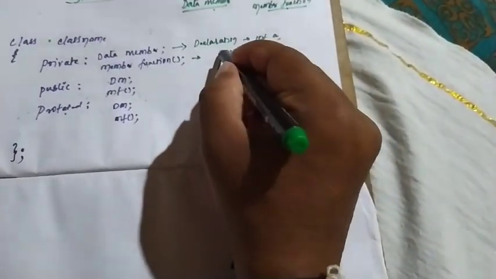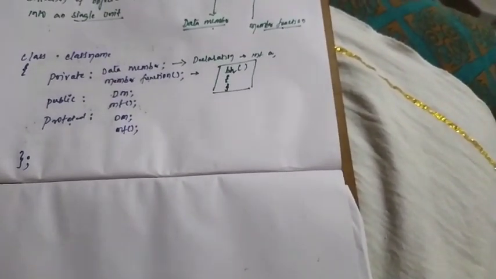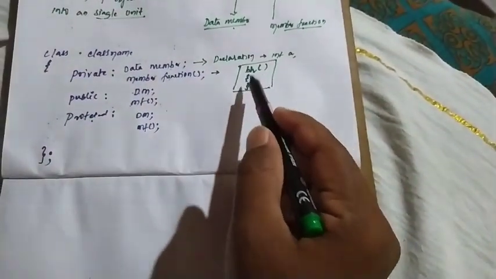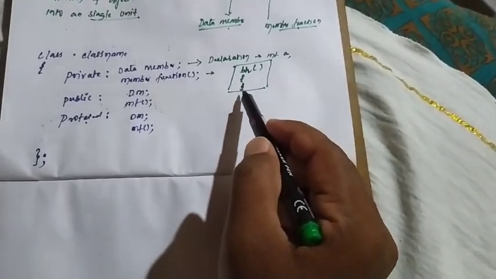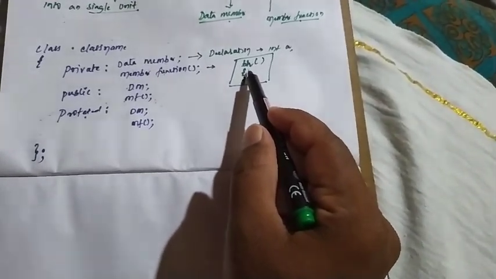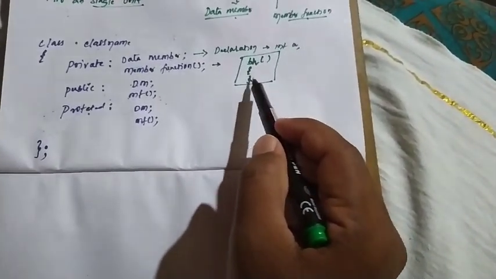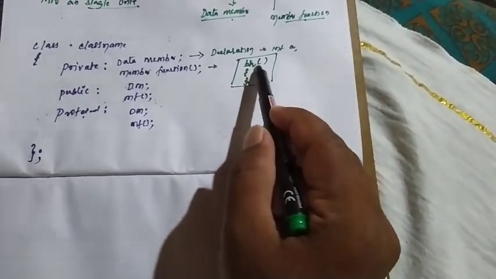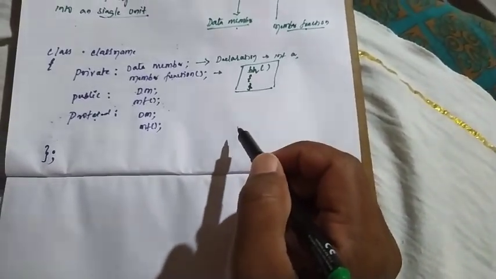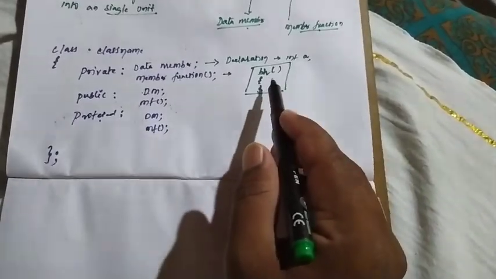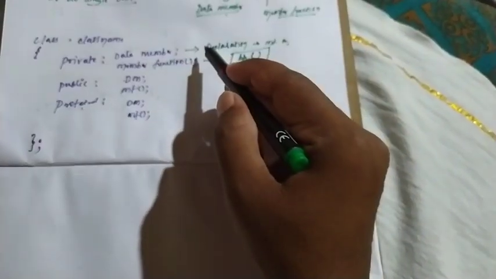This complete body indicates a member function. If you want to declare any body, flower brackets are a must. Wherever you are declaring an open flower bracket and a closed flower bracket followed by the name, that particular thing indicates a function.